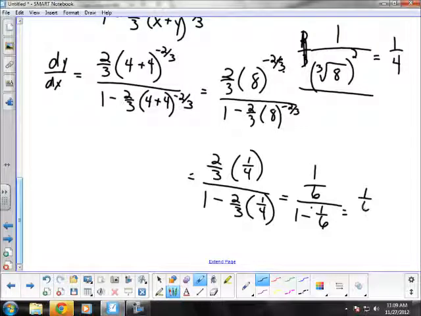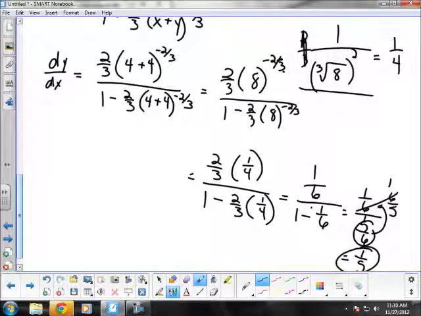So that's 1/6 over 5/6. And if I bring this to the top, it becomes 6/5. The 6 is reduced out. My slope is 1/5.